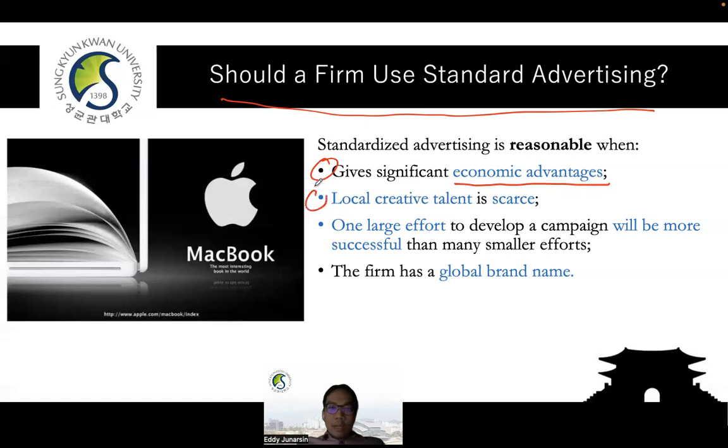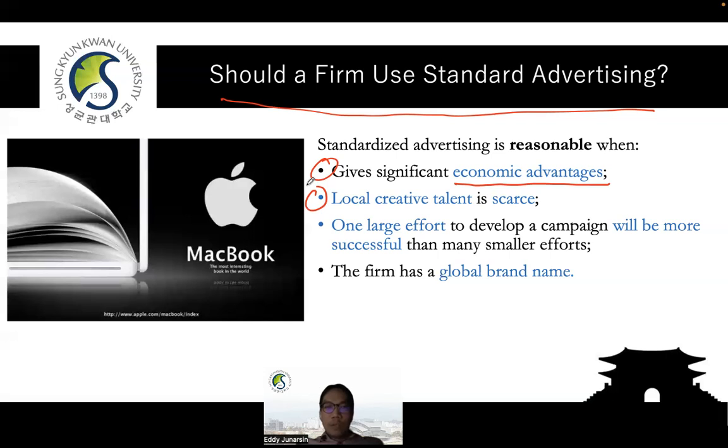Or if local creative talent is scarce, and we couldn't find local advertisers that could frame the message, the advertising, attractively or effectively.